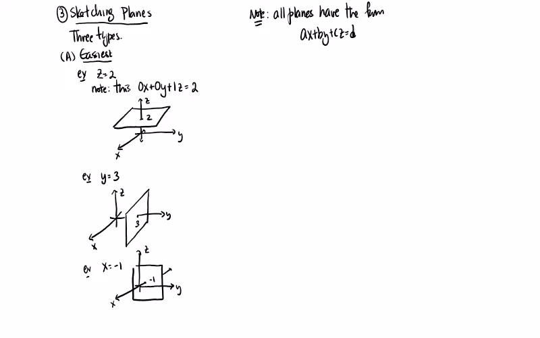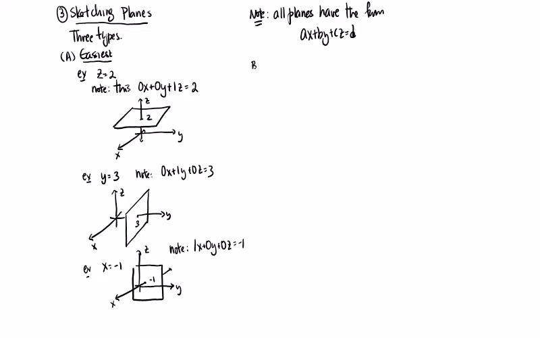So all of these, you see like this second one, this really looks like 0x plus 1y plus 0z equals 3. You don't need to rewrite it that way, but it can help to remember that it is in the correct formula. This is 1x plus 0y plus 0z equals -1.